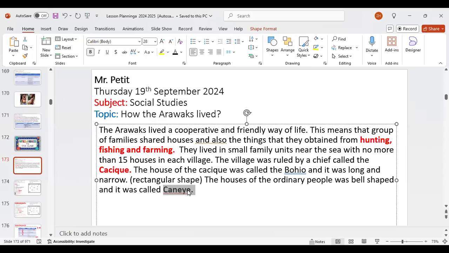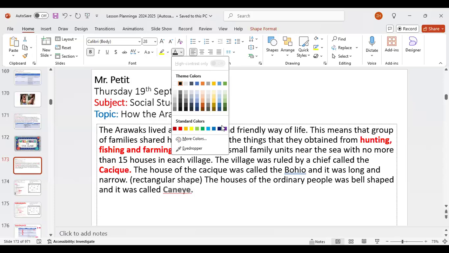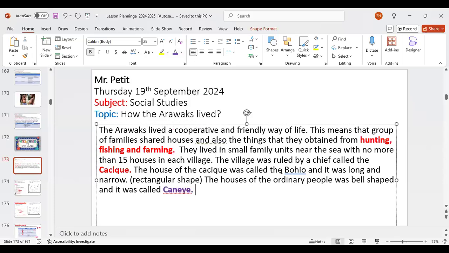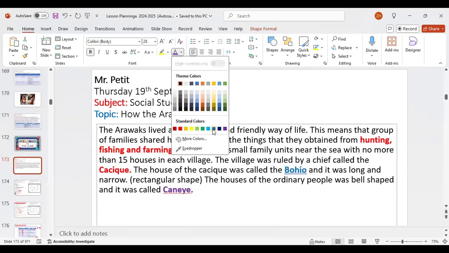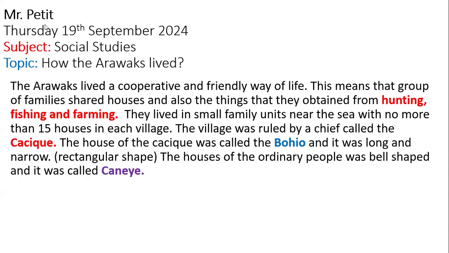So the cacique house, we call that what? The Caney. The cacique house, we call that the Caney. But the house of the ordinary people, we call that the what? The Bohio. Zion, what do we call the house of the cacique?